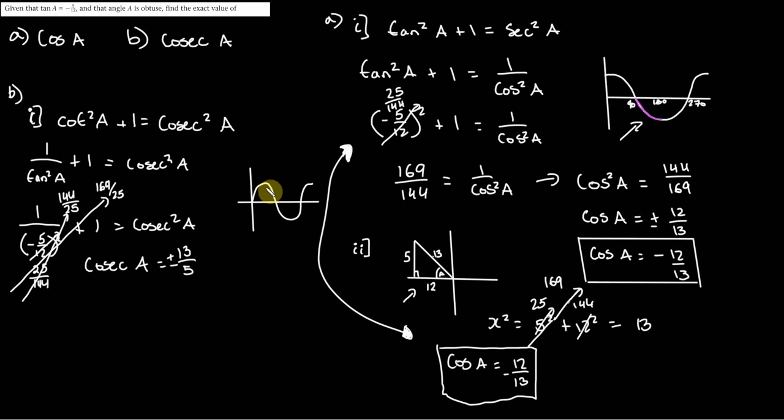We know that's 90 degrees, and of course, when the angle is obtuse, it's between 90 and 180. So it's something like that. This value here is positive, which for cosec would also prove to be the case. And so we know that this is going to be positive. So we'll write it this way, 13 over 5.